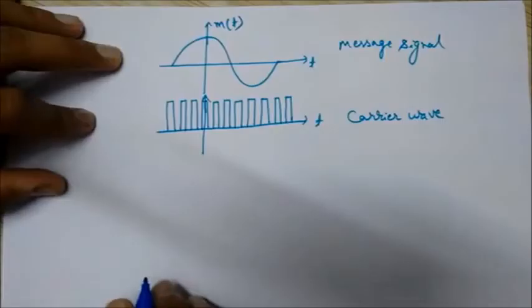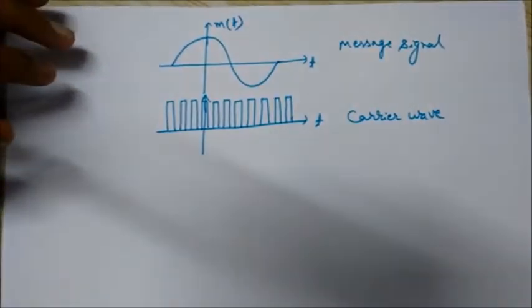So now we will see the third type, pulse position modulation, also known as PPM. Again, for pulse position modulation, we will draw the same curve.